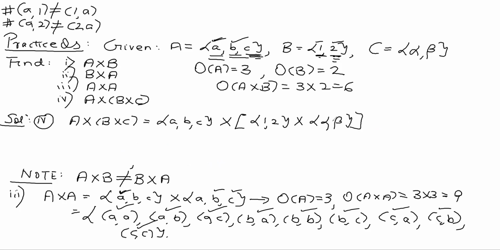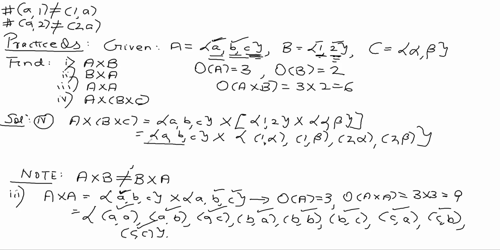Let's first solve the term in the brackets. A stays the same, but B cross C will be (1,alpha), (1,beta), (2,alpha), (2,beta).